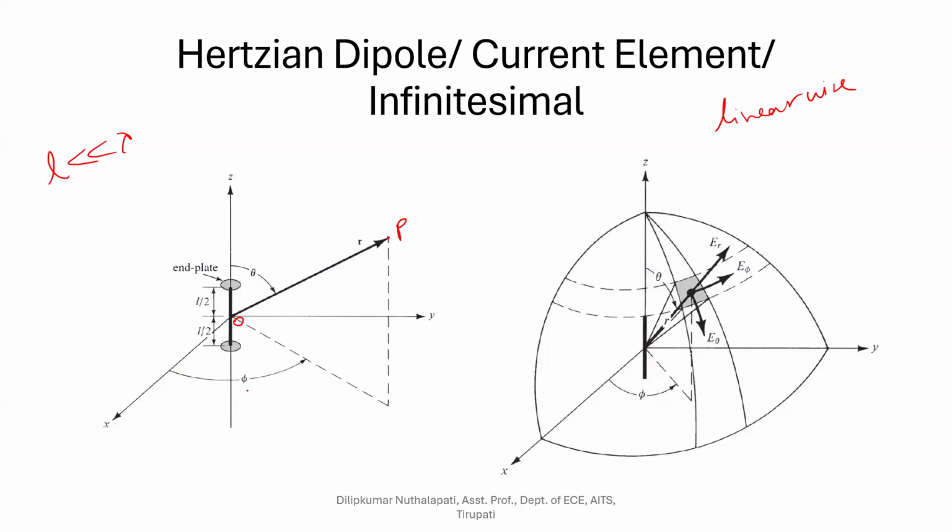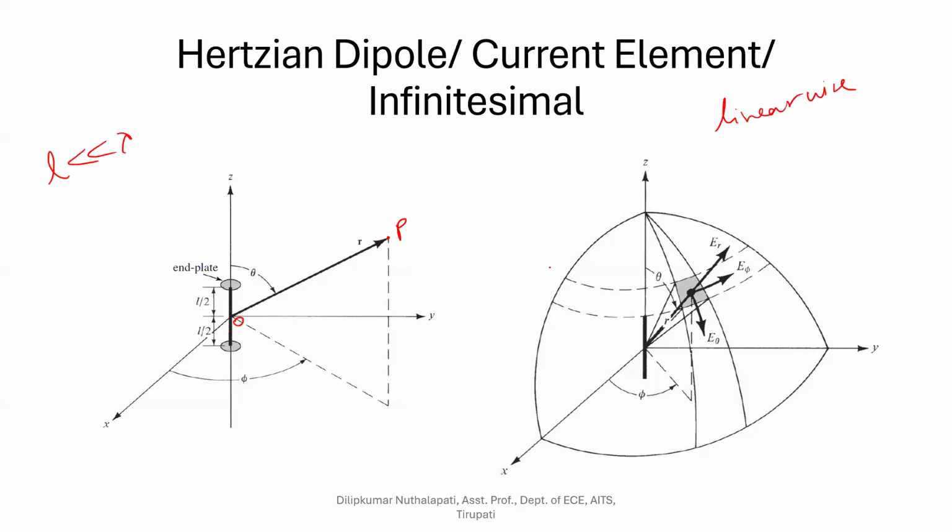Phi represents the azimuthal angle, which is in the horizontal plane, and phi is measured from the projection of point P onto the xy plane. Then, with respect to P in the vertical plane, the angle theta is measured.